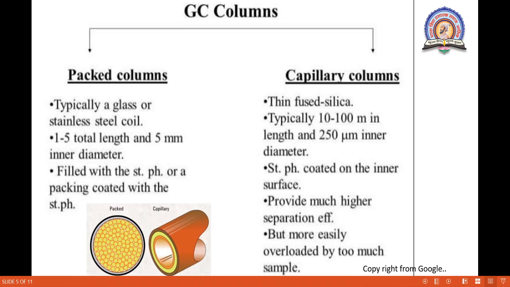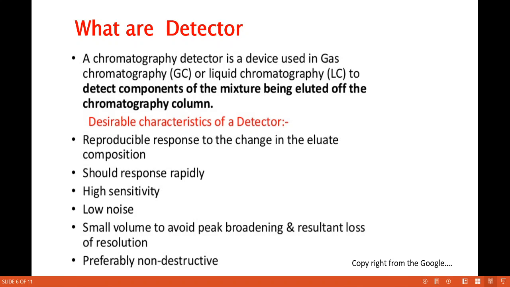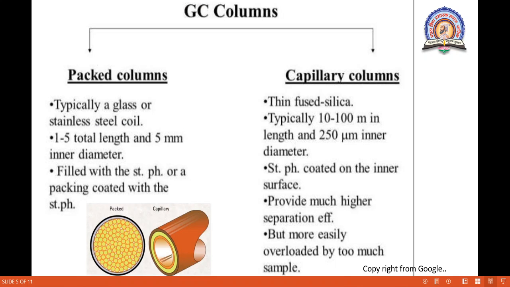Here too much sample is overloaded. Okay. So this is the difference between packed and capillary column. So with this we complete the component, that is column.